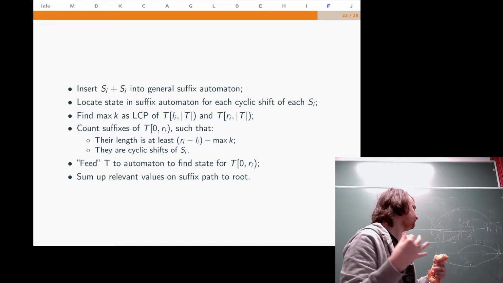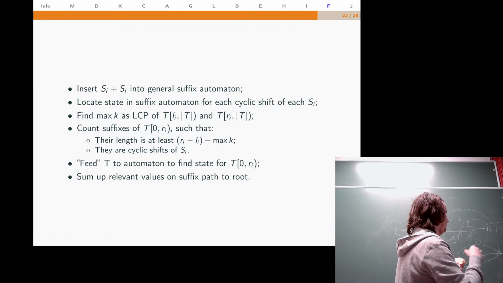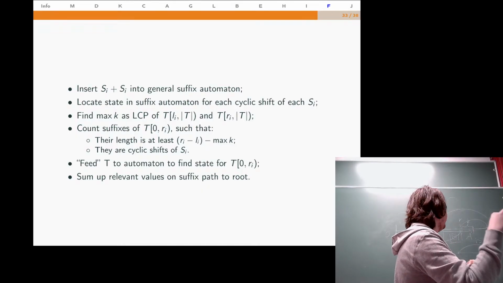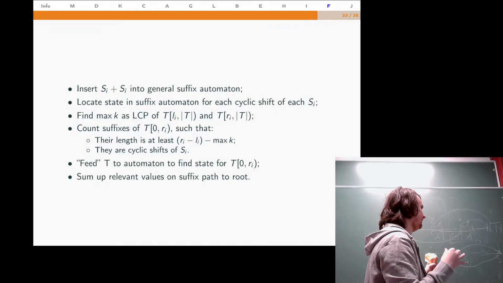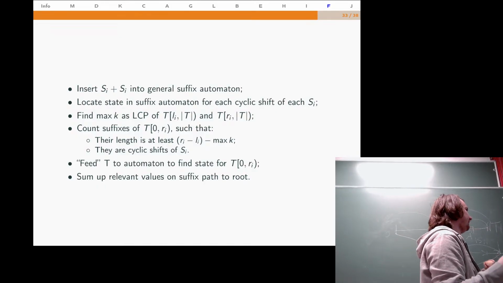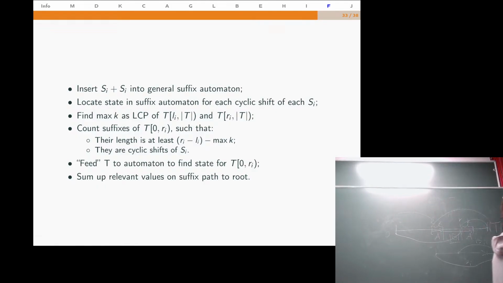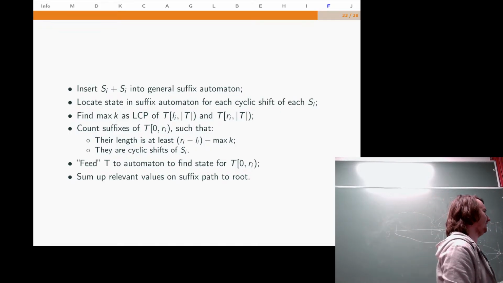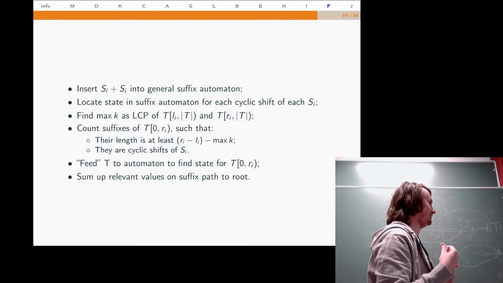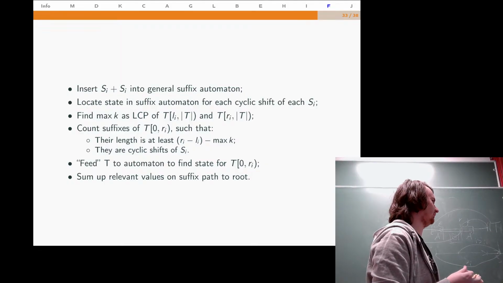Then we need to sum up, on the suffix link path of this state up to the root, all the marked states that have length between Ri - Li - k, where k is the maximum that we got from the LCP estimate, and the length must be at most Ri - Li. This allows us to solve the problem and answer all the queries.